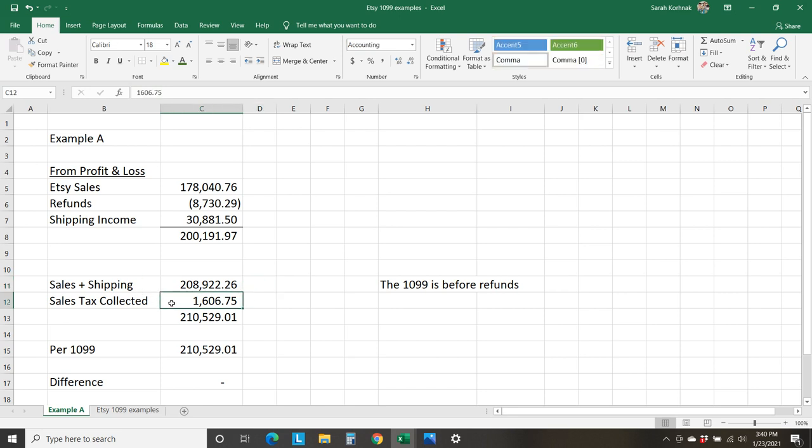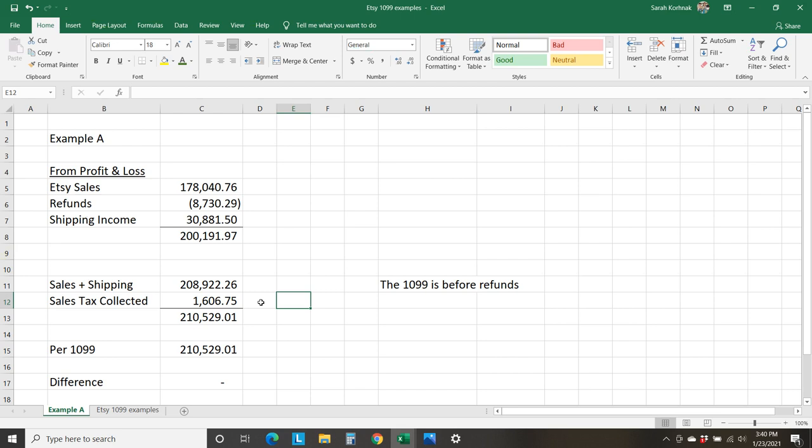Then we need to add in any sales tax we have collected. For a lot of you, this number is going to be zero. This example here is from a Florida seller who does collect sales tax throughout the year from Florida residents.